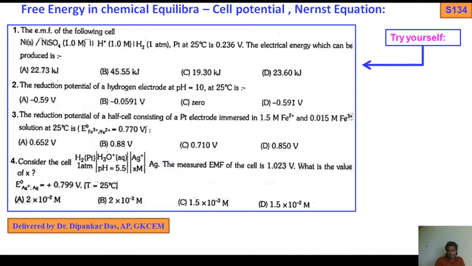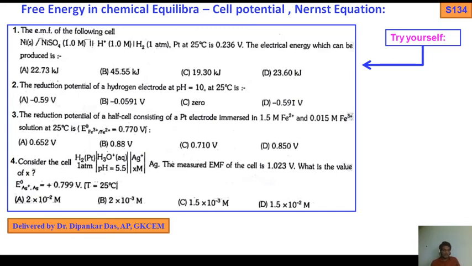No problem. After that, if you have any problem or doubt, then ask me. So this is a little bit different type of problem. You are asked to find out the molarity of silver ions. E cell is given, E0 of silver plus/silver, the reduction potential value, is given, temperature is given, and H plus pH is also given.